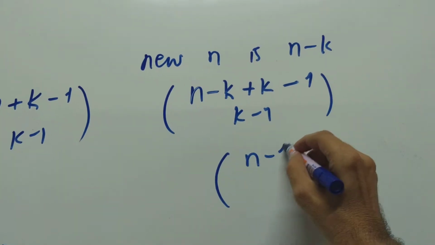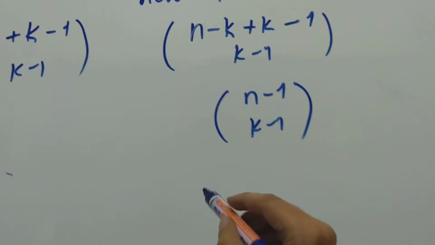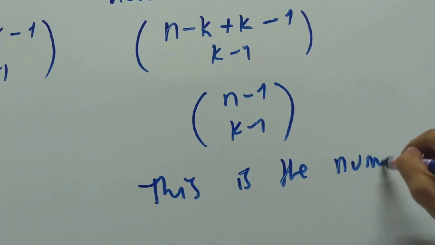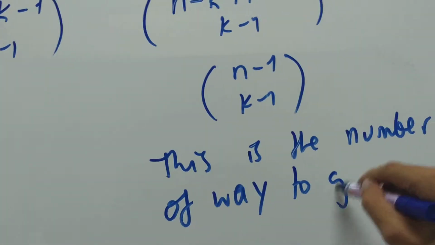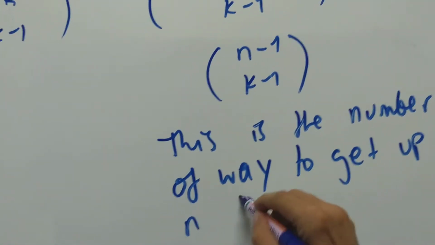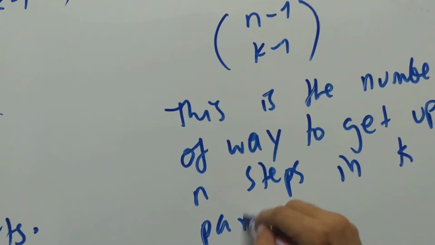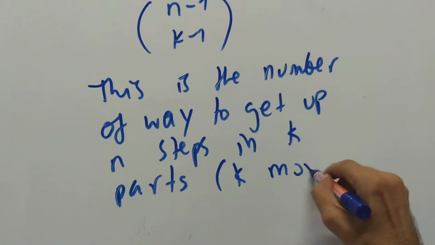The k's cancel out: n minus 1, k minus 1. So this is the number of ways to get up n steps in k parts, or k moves.